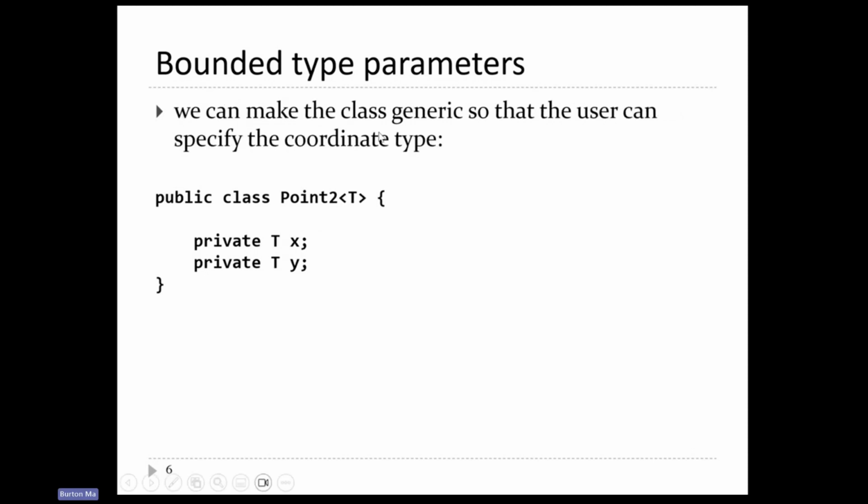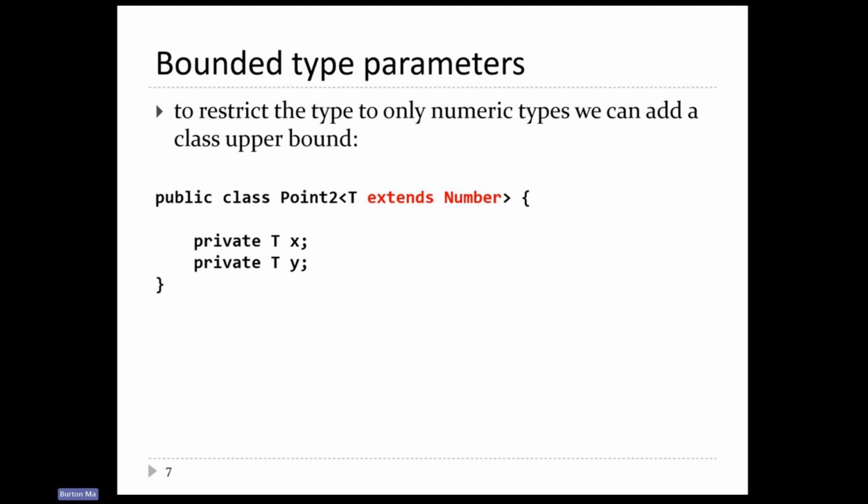Right. So step one, make the class generic. So after the name Point2, you put in your type variable. Right? You change the type of X and Y to T. Right. And now we would like to restrict T so that it must be some subclass or some descendant of Number.